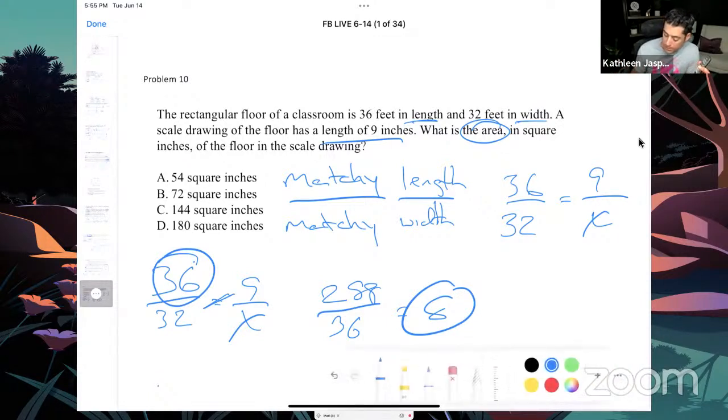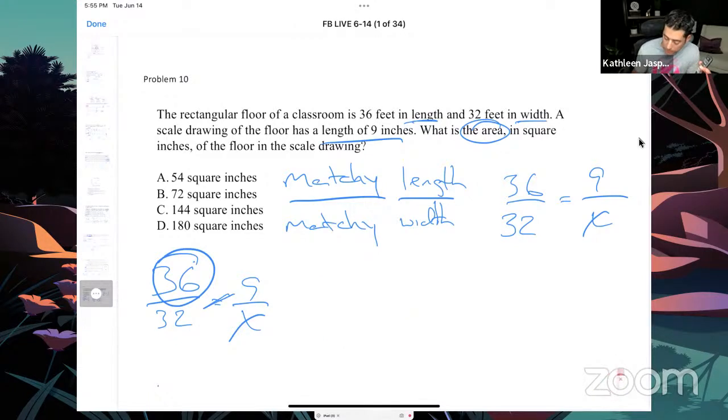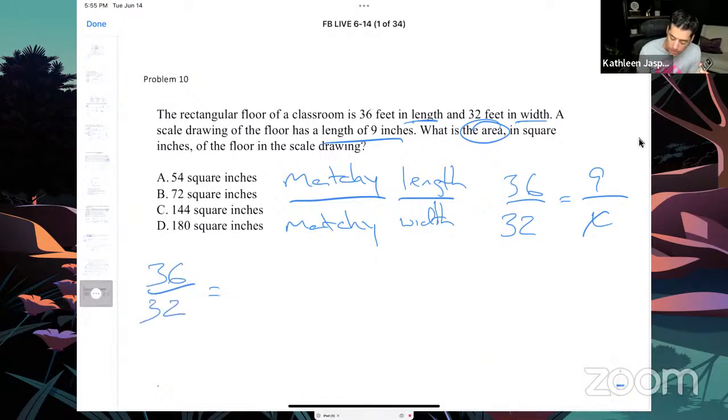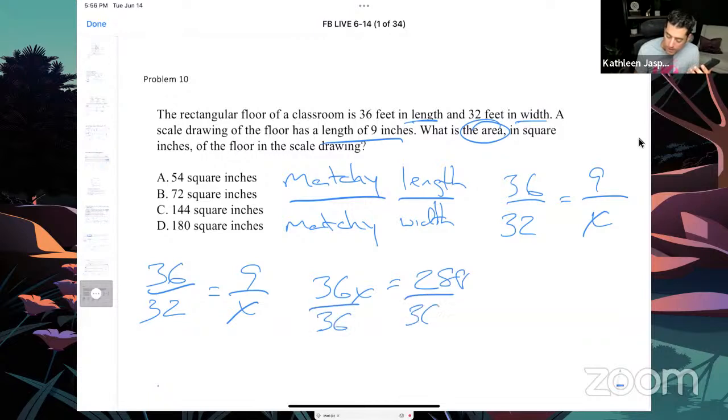Now let me go through the long version, because ultimately I want you to do all these in your calculator so you can save time. It's 36 over 32 equals 9 over x. I end up with 36x equals 288. Divide by 36, x equals 8.